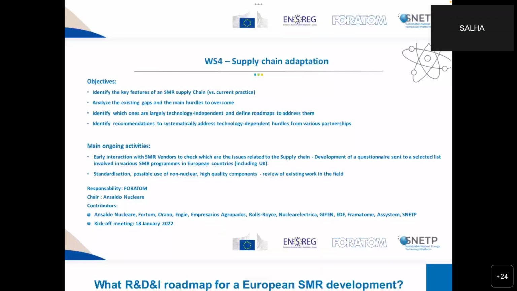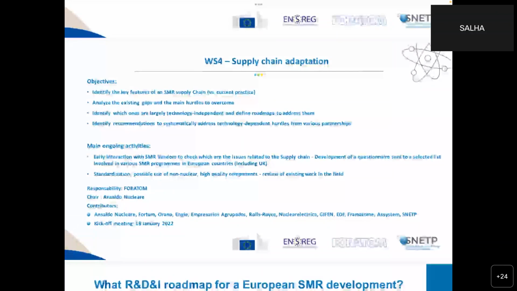for SMRs, like code, regulation, way of manufacturing, standardization, possible use of non-nuclear, high quality equipment, the way also under which the construction work is going to be reviewed. So a lot of different topics in order to harmonize and to make the supply chain more efficient in that respect.